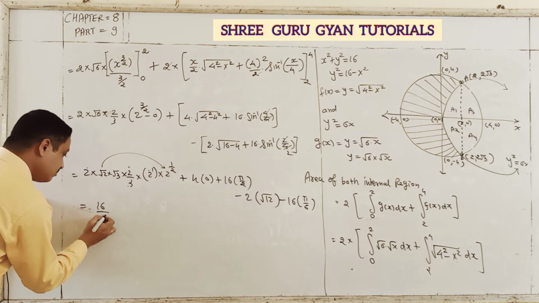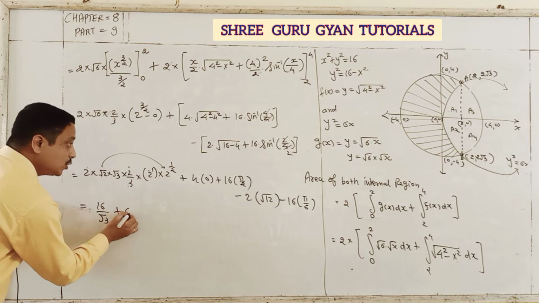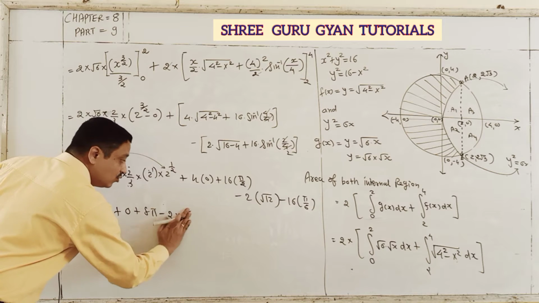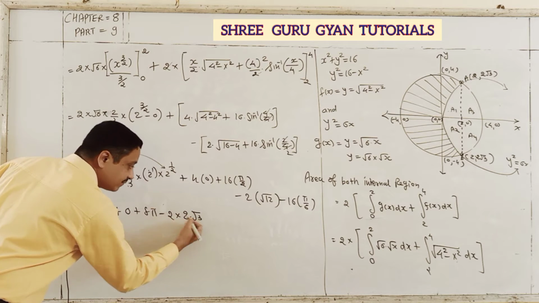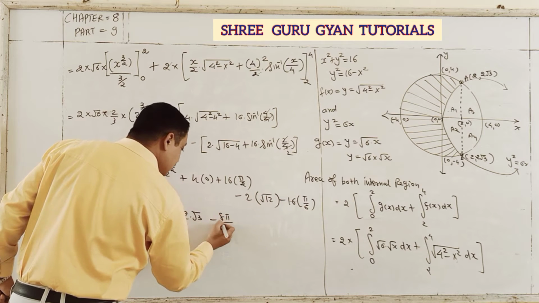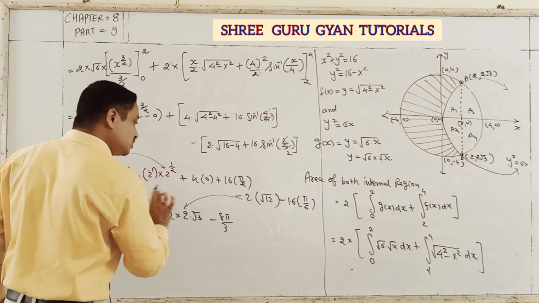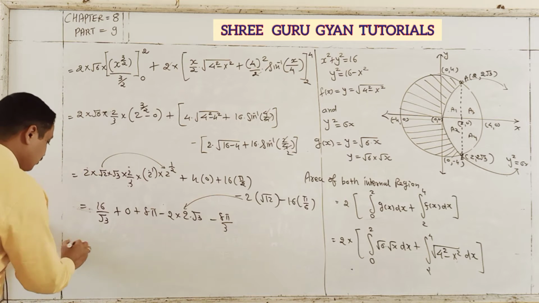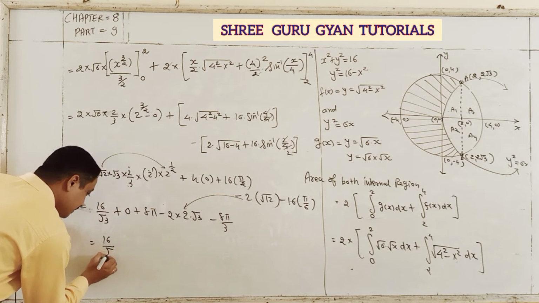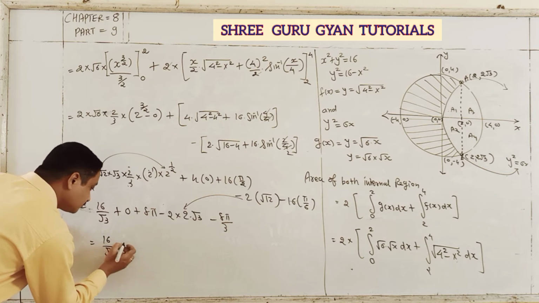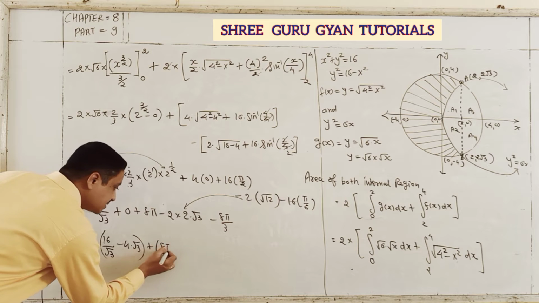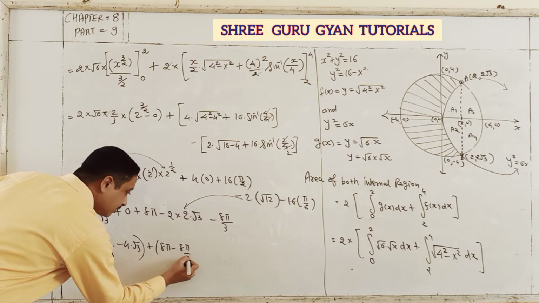Root 3 and root 3 by root 3 plus 0, 8 pi minus 2, but root 12 is known, 4 times 3, I mean 2 root 3, and minus this cancels. Students, here your final expression is this, and taking these common: 16 by root 3 minus 4 root 3, and 8 pi minus 8 pi by 3.